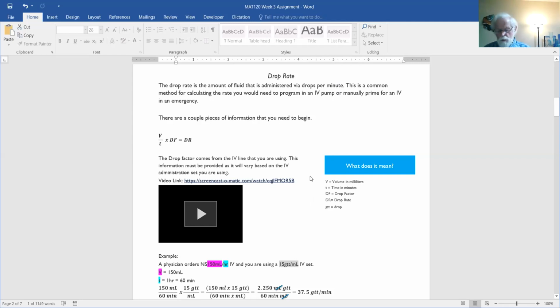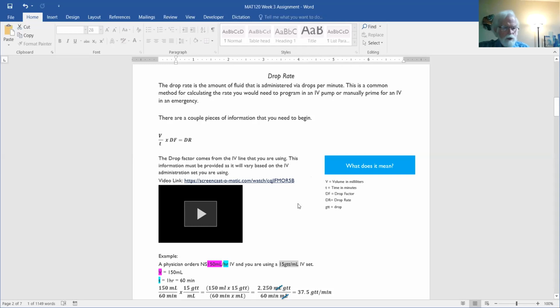A lot of time, the problems you'll be given will tell you what the drop factor of the apparatus is going to be. But in practice, you're going to look at the rate that it's going in, and pick the appropriate apparatus to minimize the risk of error in that rate.